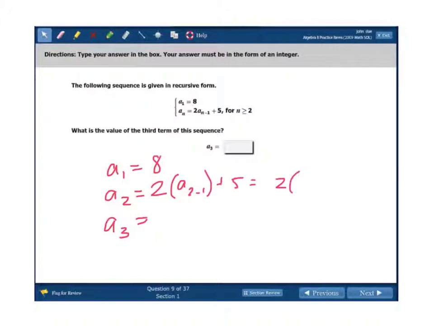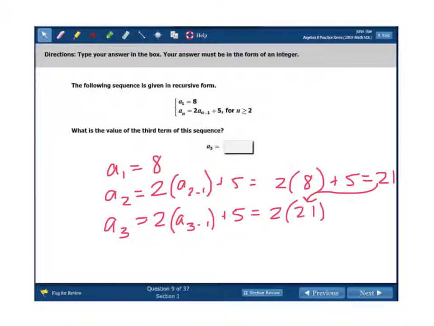So 2 times 8, plus 5. 16 plus 5 is 21. We're going to do the same thing here: A3 is 2 times A2, so 2 times 21 plus 5. That's the definition of recursive. Remember, you need the previous term to get the next term. 47 is the answer we came up with.